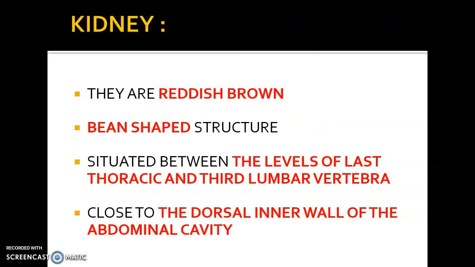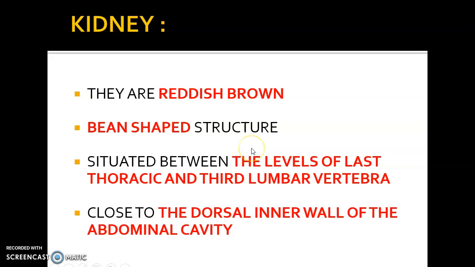So let's describe the kidney. The kidney is a reddish brown, bean-shaped structure situated between the level of the last thoracic and third lumbar vertebrae, and it is close to the dorsal inner wall of the abdominal cavity.